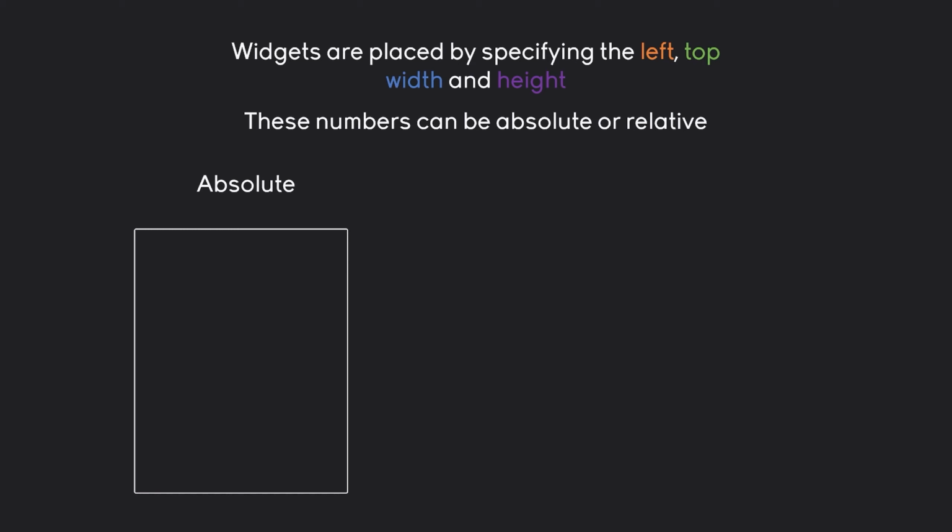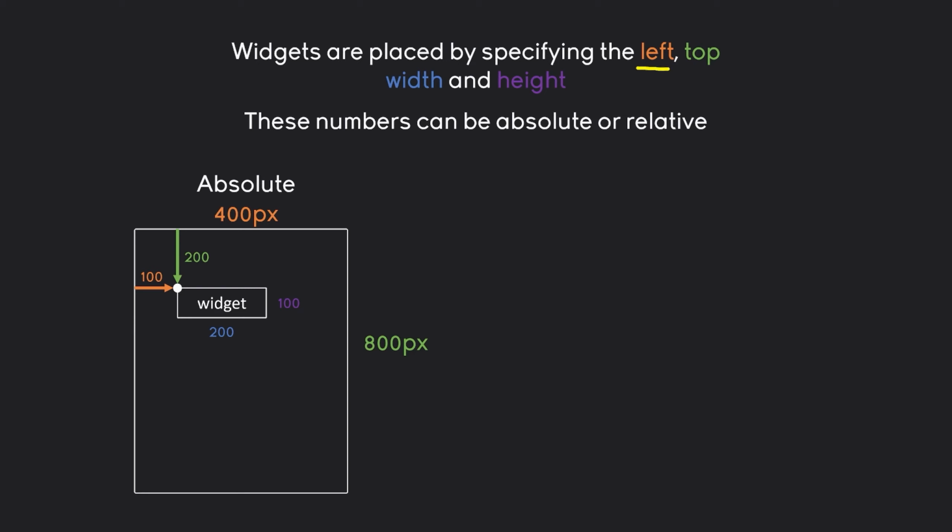For this, we once again have a window or any kind of container, doesn't really matter. And this container right now is 400 pixels wide and 800 pixels tall. If we want to place a widget inside of this, we would have to specify at least 2, but ideally 4 values. The values we absolutely have to specify are the left and the top. Those are crucial.